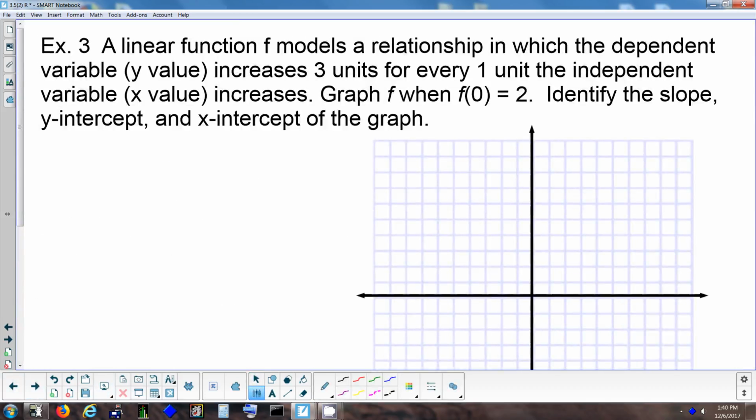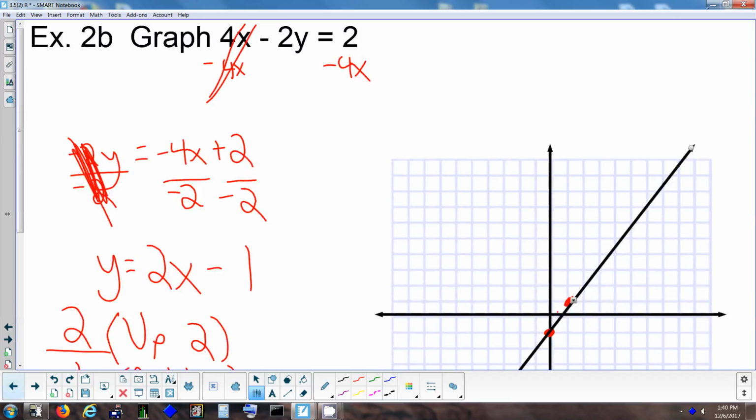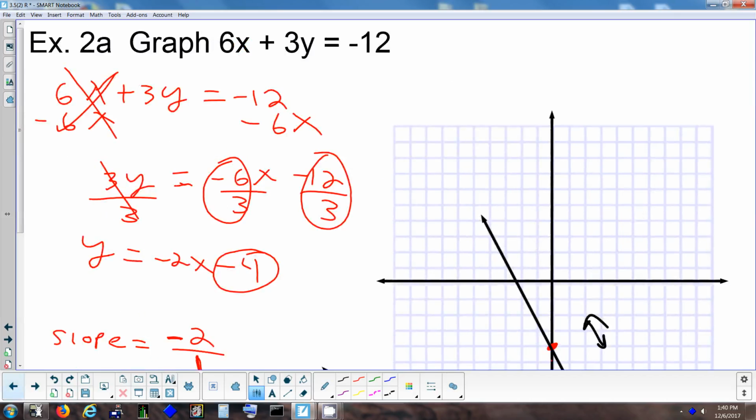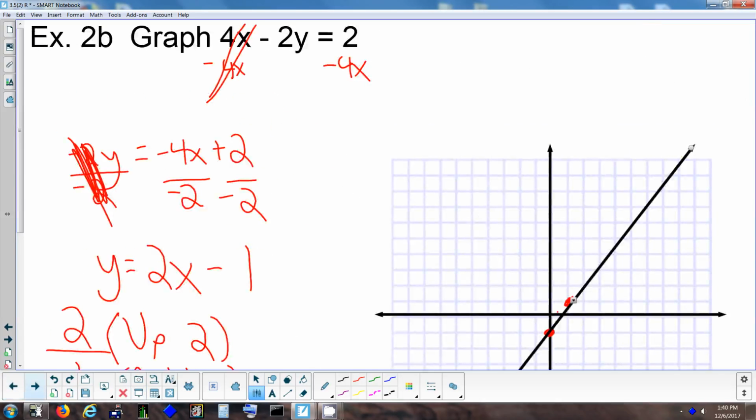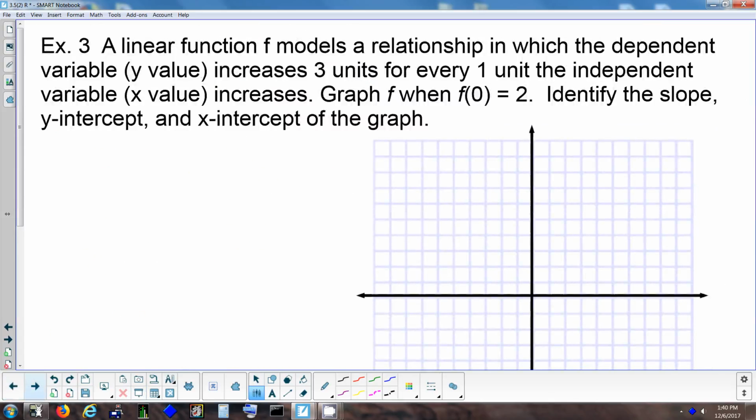Okay, so example 3, it says a linear function. What does that mean? A linear function is the type of function you worked with in example 2, in 2a, and in all the examples so far. We'll do graphing in a little bit.